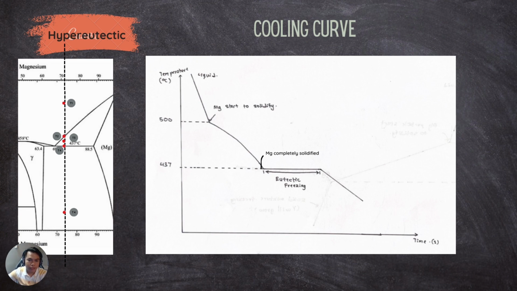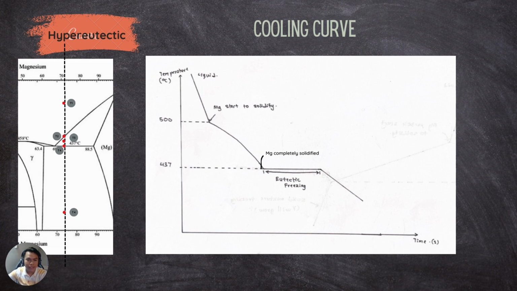Next, for the cooling curve, as you can see, above 500 degrees Celsius, all the state is liquid. At 500 degrees Celsius, the magnesium will start to solidify, and at 437 degrees Celsius, the magnesium will be completely solidified, and it will undergo eutectic freezing.